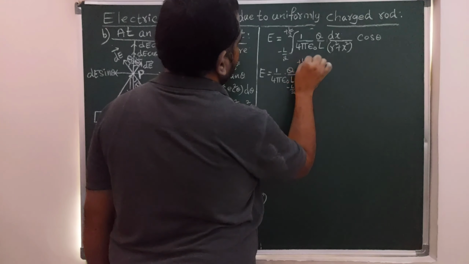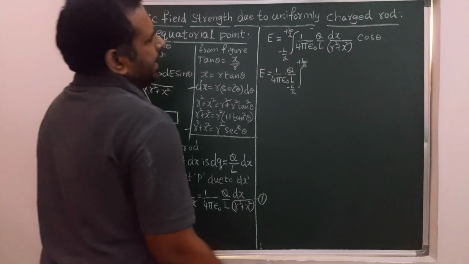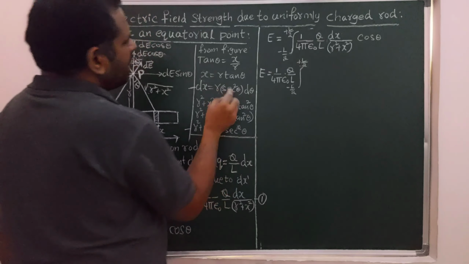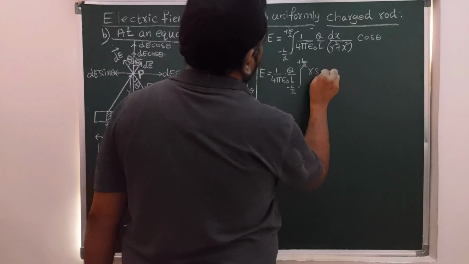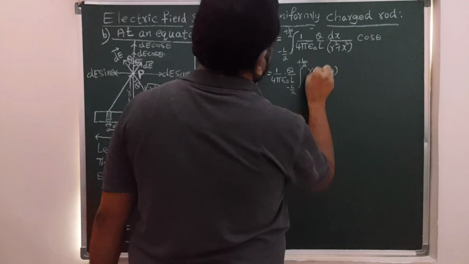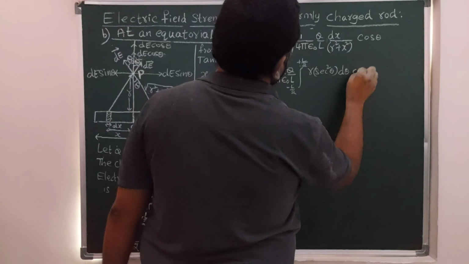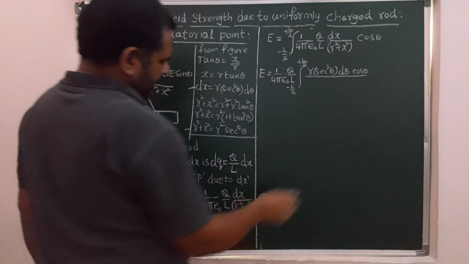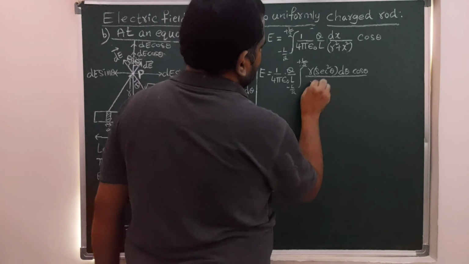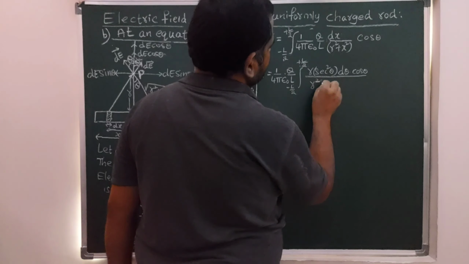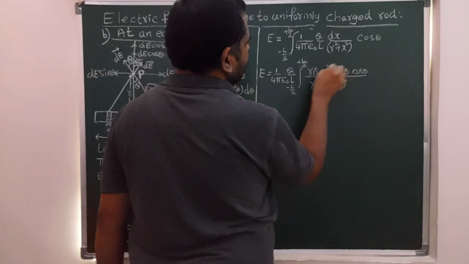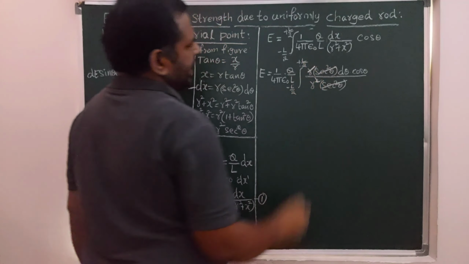Next, the remaining is dx, which is r sec square theta into d theta, into cos theta, all divided by r square plus x square, that is r square into sec square theta. So the sec square theta gets cancelled, and r with power 2 gets cancelled.